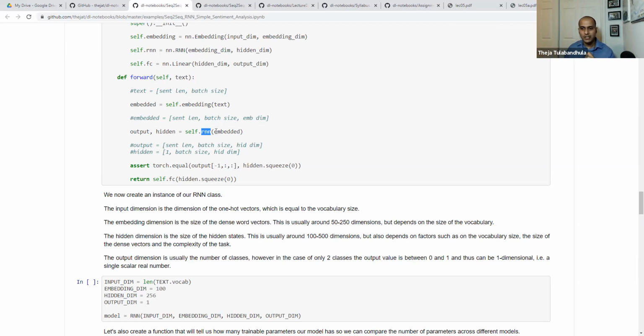Because the embedded is already of an appropriate length, which is the length of this text, the RNN is already producing all the appropriate outputs and hidden vectors. The API is such that you produce all the outputs and all the hiddens at the same time. So if embedded is of length 4, then you'll have 4 outputs and 4 hidden vectors.